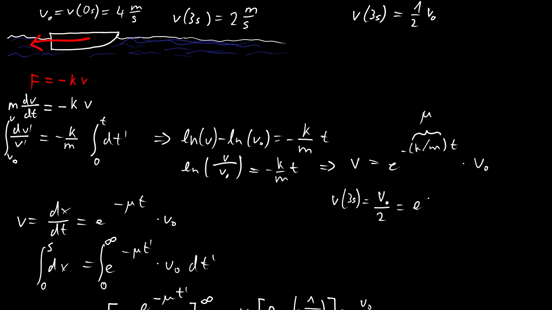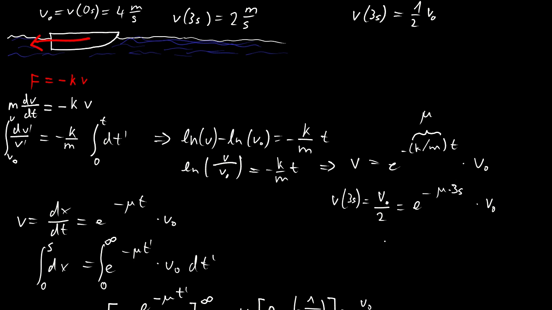That is equal to e to the minus k over m, and we want to calculate mu, so minus mu times t, and t in this case is 3 seconds, times the initial velocity.